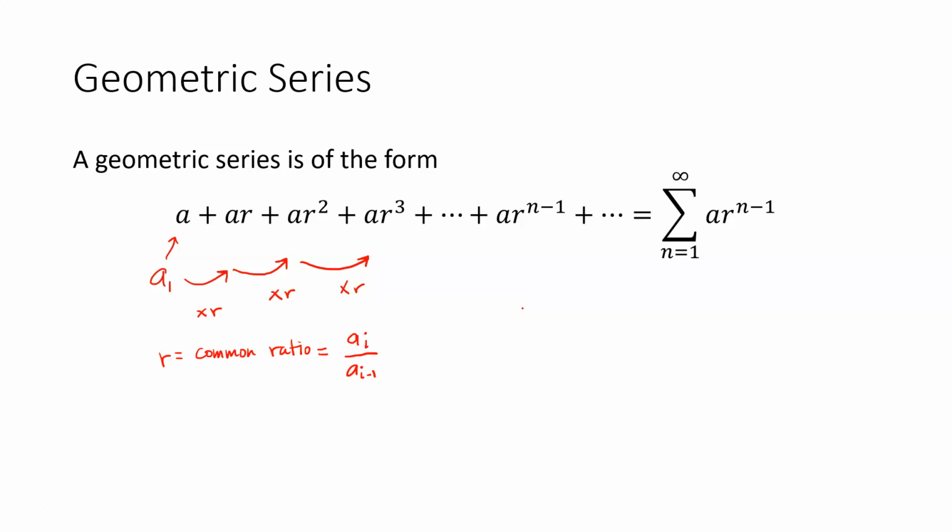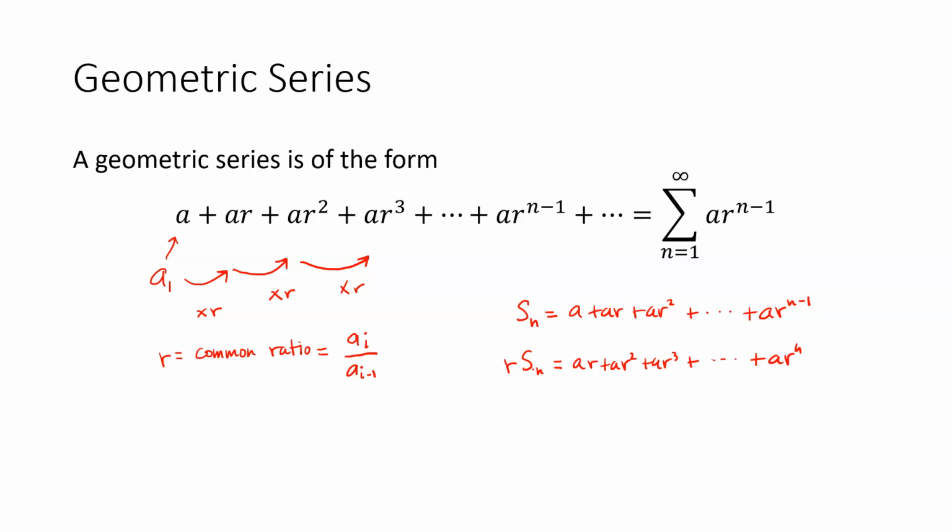If I were to write out S_n, I would be just summing up a plus ar plus ar squared and so on out to the nth term, which would be ar^(n-1). Now if I multiply both sides of this equation by r, so r times S_n, then I get ar plus ar squared plus ar cubed, and so on, all the way out to ar^n.